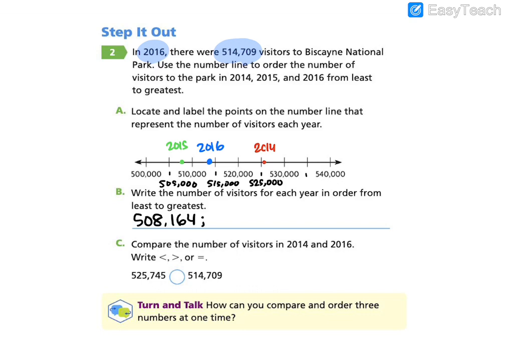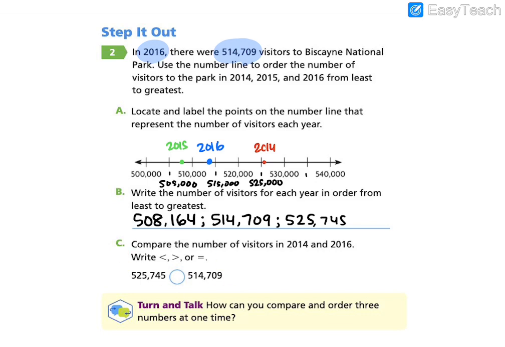Then 2016 had the next greatest, which was 514,709. Again, a semicolon in between. And finally, 2014 had the greatest at 525,745 visitors.